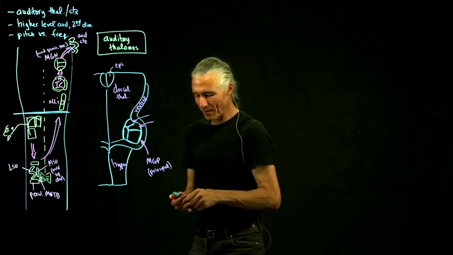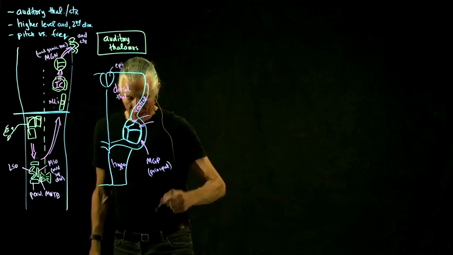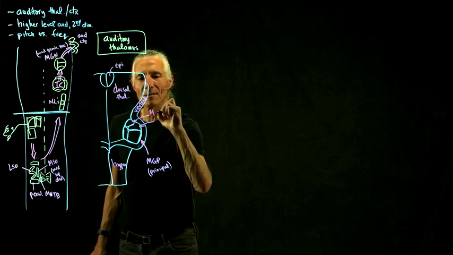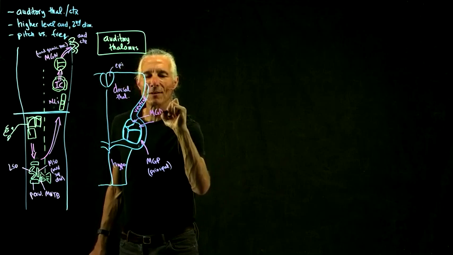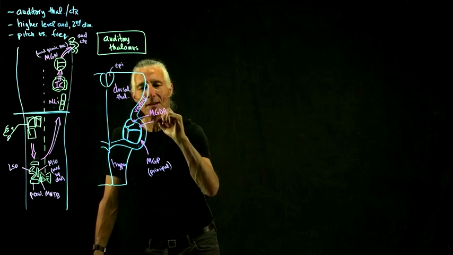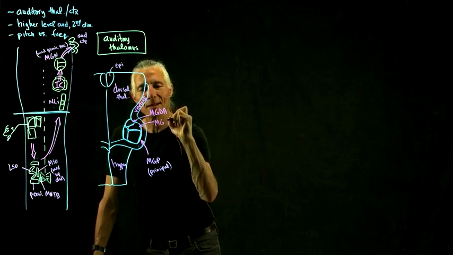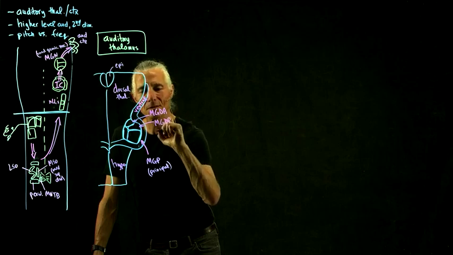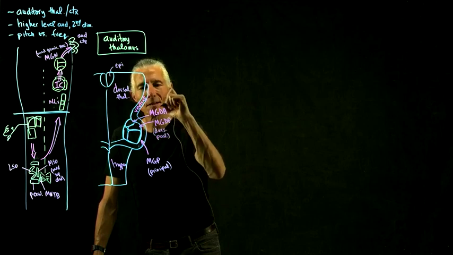You've got the same thing in the auditory system. So this is the medial geniculate dorsal anterior, and this guy is the medial geniculate dorsal posterior.